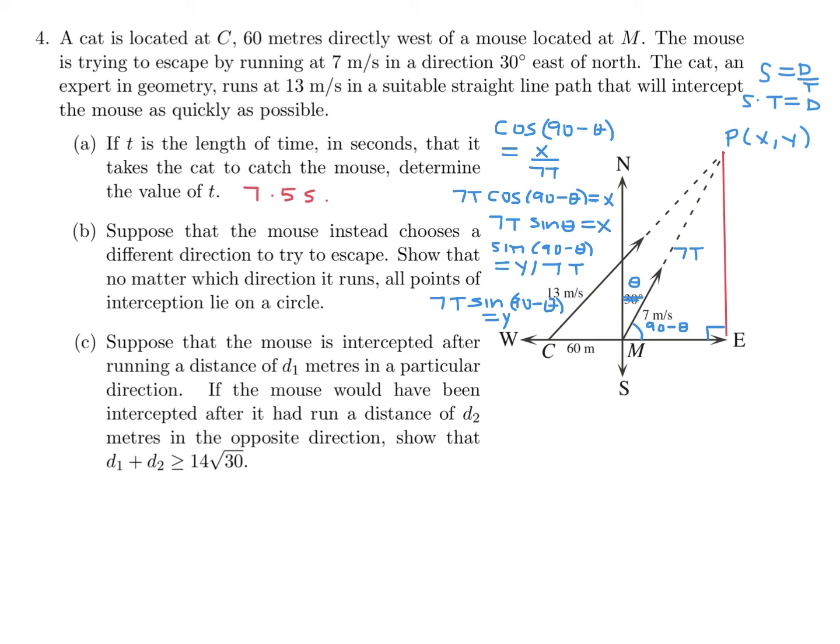Again, using trig rules, sine of 90 minus theta is the same as cos theta. So this x, y can be written as x is 7t sine theta, and y is 7t cos theta. Okay, that's a pretty decent start to this question.